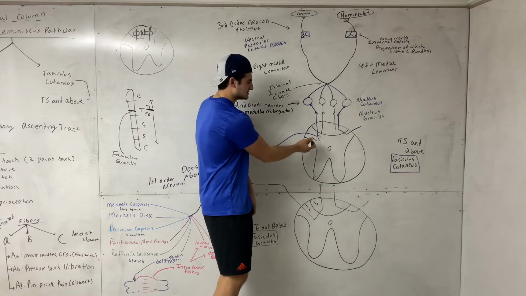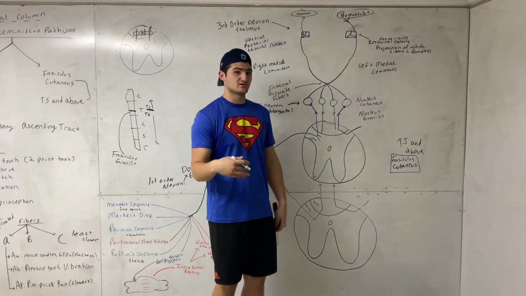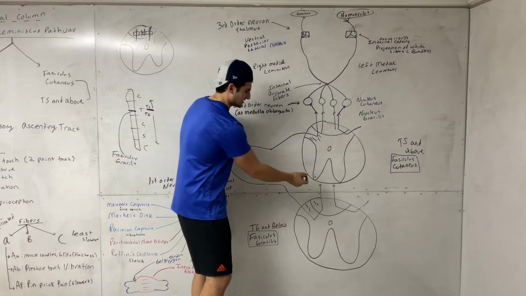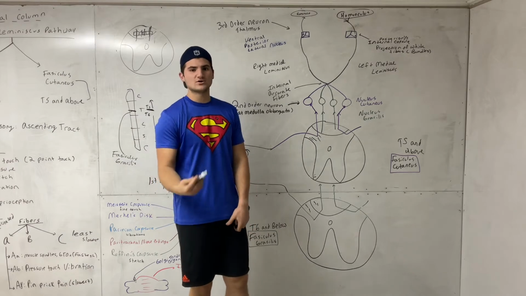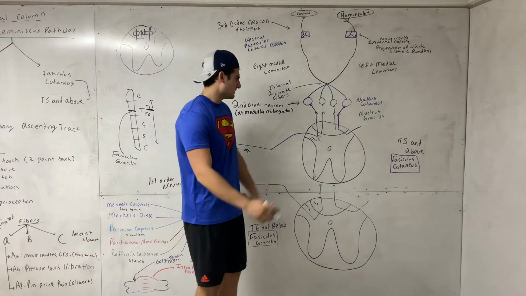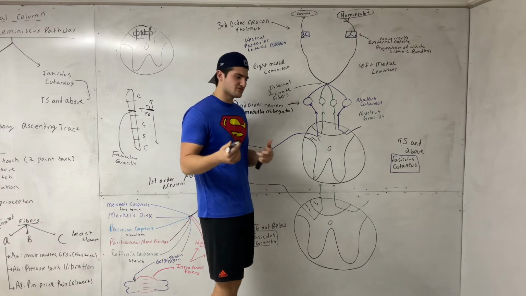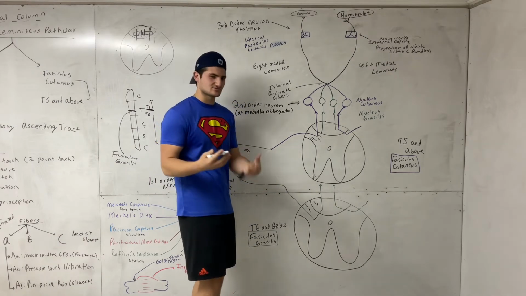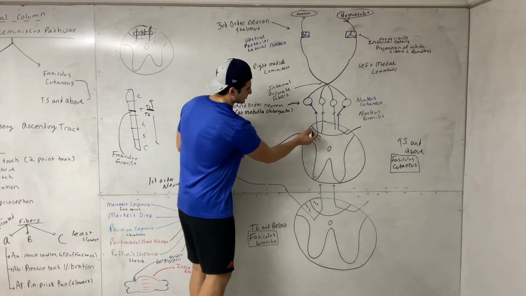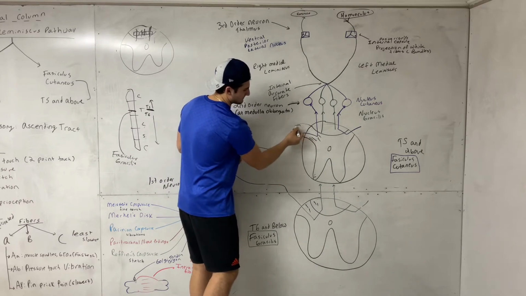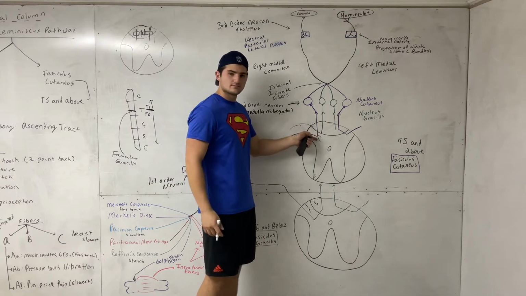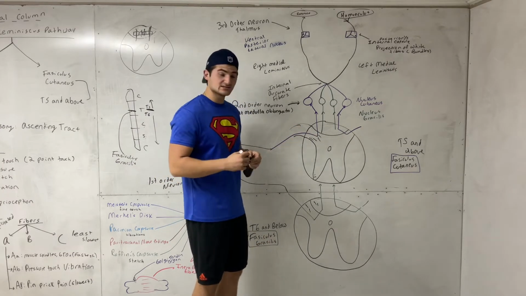We said the posterior was for sensory information through the dorsal rami, and the anterior was for motor information, right? It could be the dorsal or ventral rami, but it converges into this dorsal root, like that. So now if we're going into the posterior gray horn, and this is only ascending.